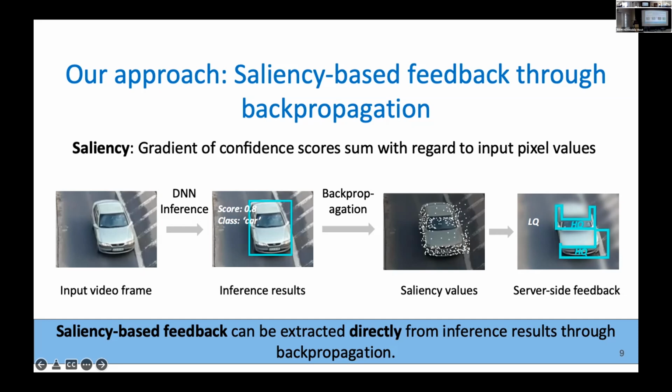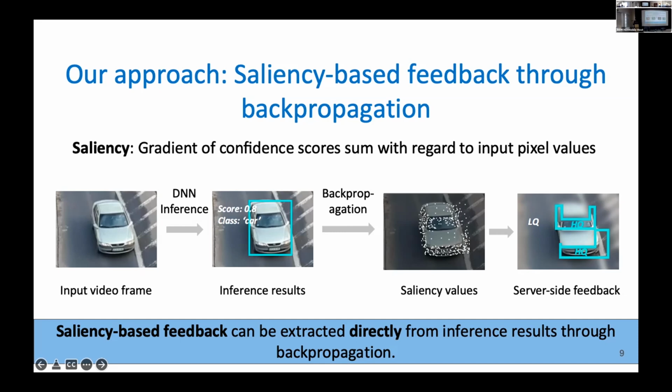After that, the server runs a very simple heuristic. It extracts all the macro blocks with the highest sum of saliency values, and marks these macro blocks as those that need to be encoded in high quality in future iterations. This information is sent back to the camera as feedback.